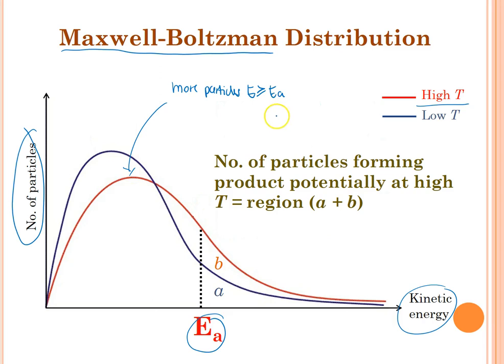This could be shown by this area under the curve, whereby at higher temperature, the area is a sum of B plus A. Since there's more particles with energy greater than activation energy, this will result in a greater number of particles having higher kinetic energy. As you can see, the curve has shifted to the right.